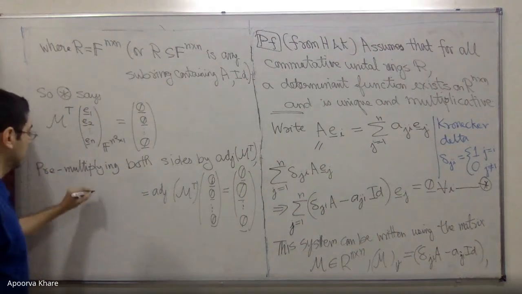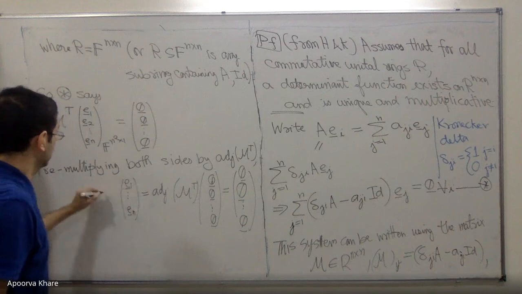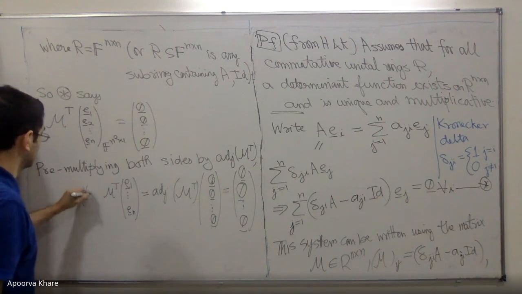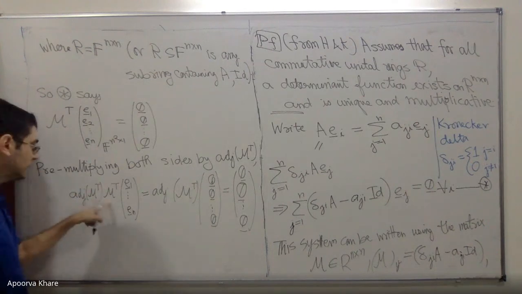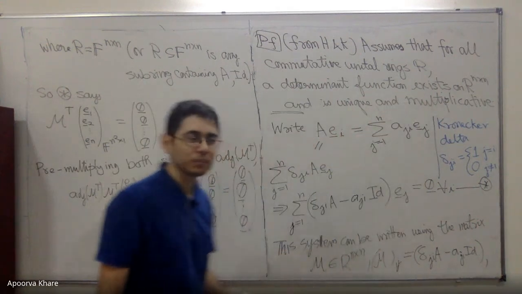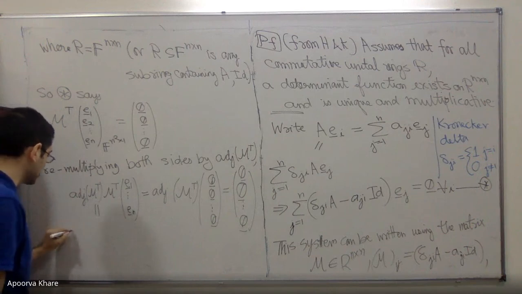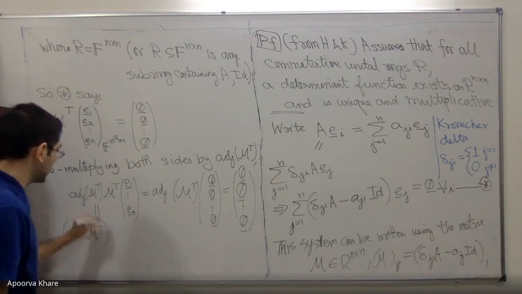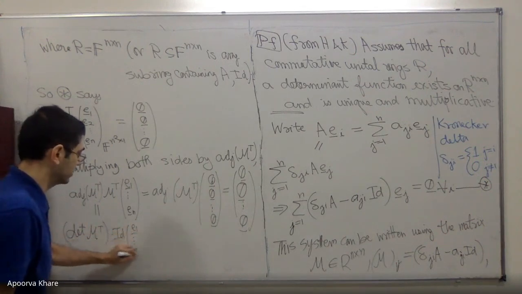Because you have E1, E2, En, you have M transpose, and then you have the adjugate of M transpose. But what is the adjugate of any matrix times itself, whenever the determinant function exists, is unique and is multiplicative? This was one of your homework problems or in class. This is exactly the determinant of M transpose times the identity matrix.